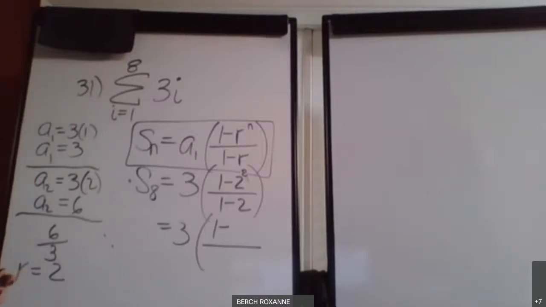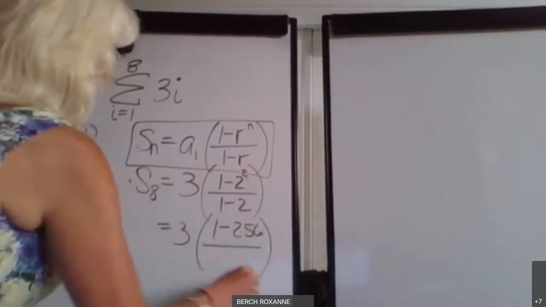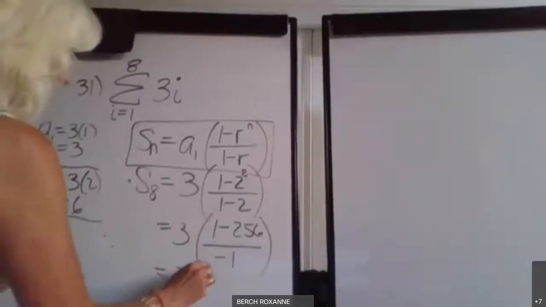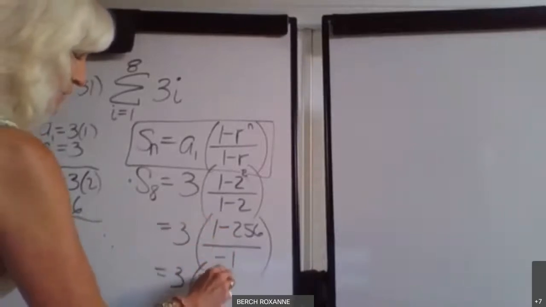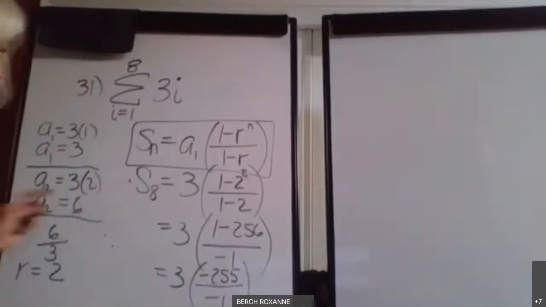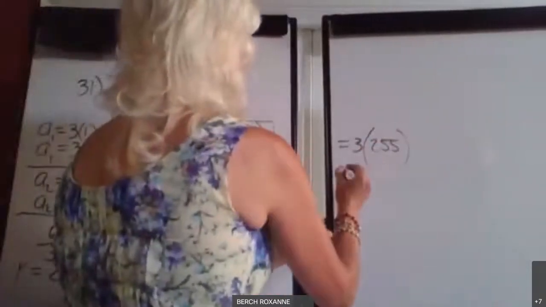256. And 1 minus that is -255. So we get this plus that is a -255 divided by a -1, which is a positive. So this would be 3 times a positive 255.